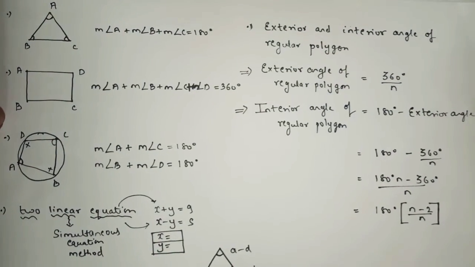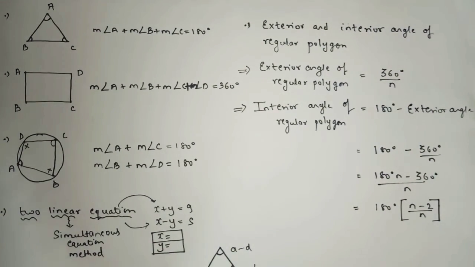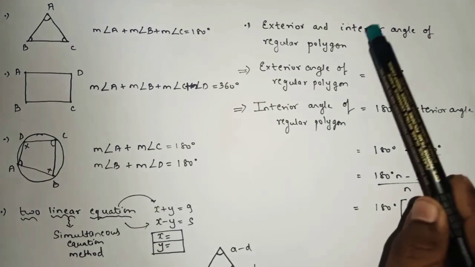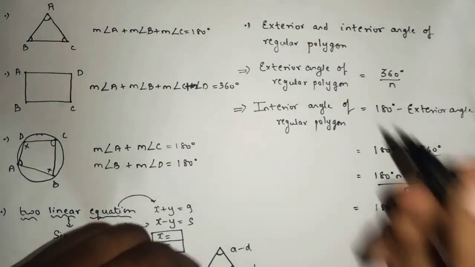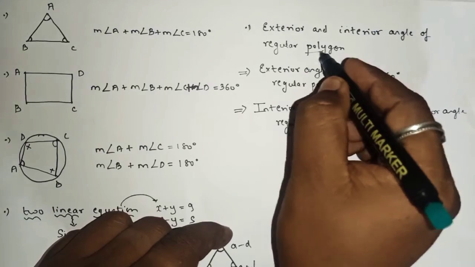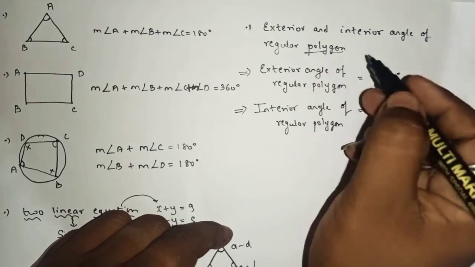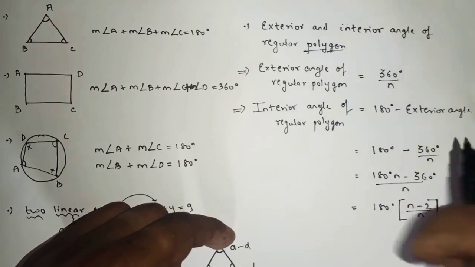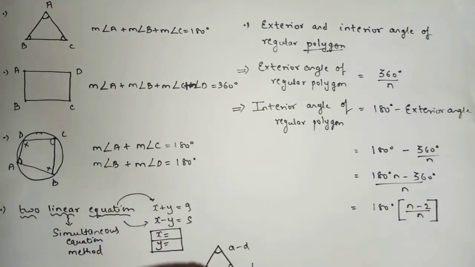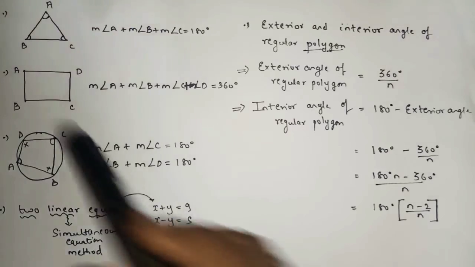This concept is there in the exercise to find the exterior and interior angle of a regular polygon. So what do you mean by polygon? Poly means many, gon means sides.